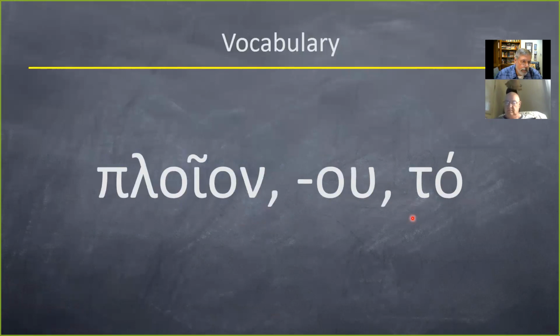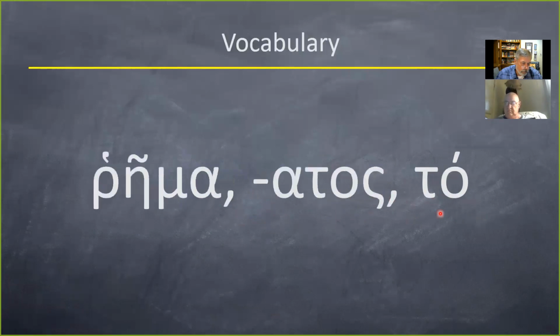And of course, here we have our omicron stem ending with a new case ending, the omicron upsilon genitive, and then the to is the neuter, so I know it's a second declension neuter word, meaning ship or boat, as in when the disciples got into the boat and Jesus was asleep at the stern.